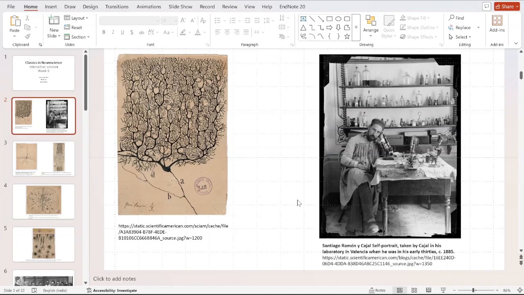But Cajal refused that position, and he decided to concentrate completely on his academic endeavors. Although he did help in drafting some of his own advisory recommendations for education.